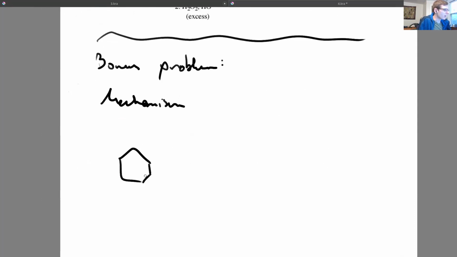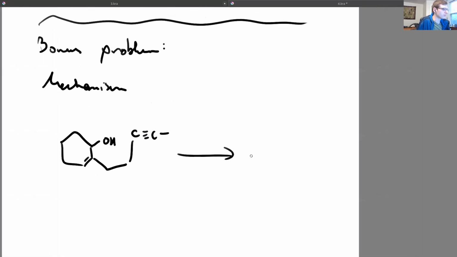Write out the mechanism for this conversion. We're starting from there and going up to here. If I remember correctly, it was catalyzed in acid, but I forgot to write it down. So that's going to be fun for you to think about and work on.